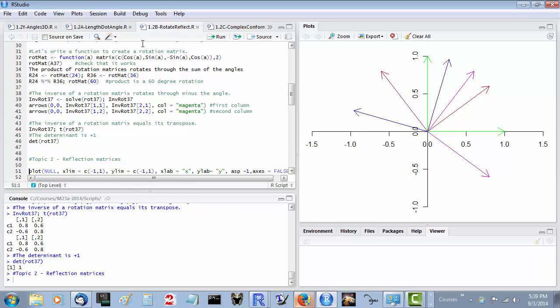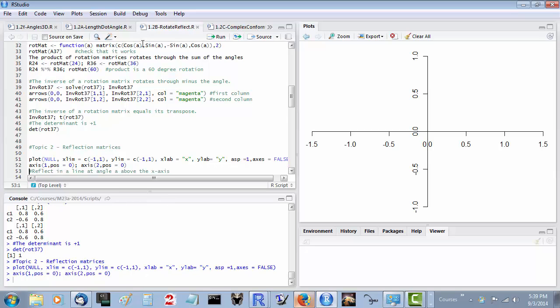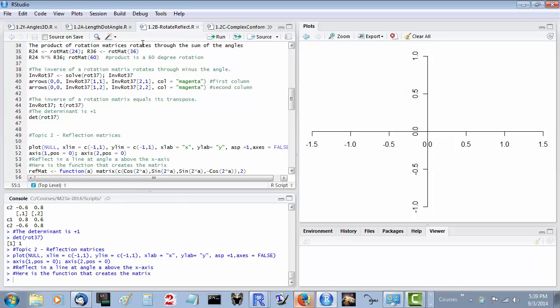Now let's look at reflection matrices. We'll clear the plot again and set up a matrix that reflects in a line that makes some angle A above the x-axis. The way you create this matrix is by using the cosine and sine of twice that angle.